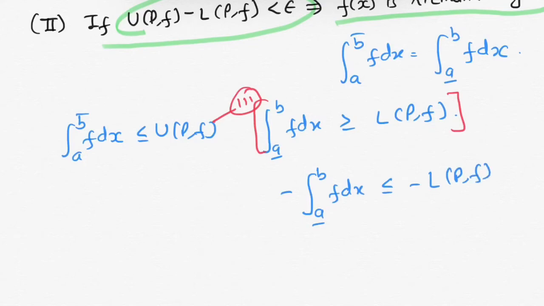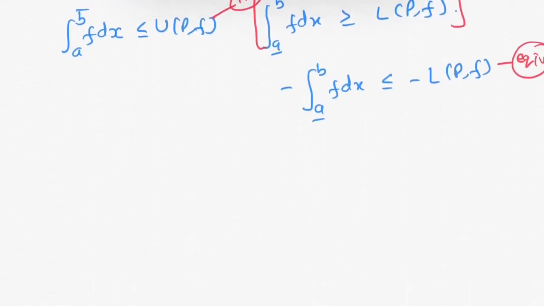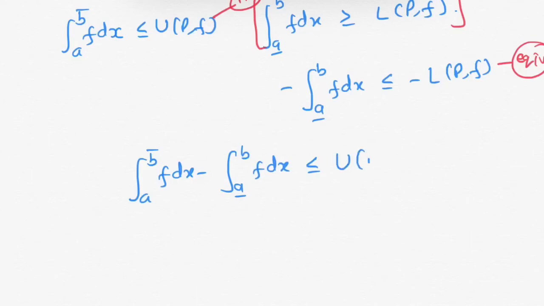Now suppose this is equation number 4. Now adding equation number 3 and equation number 4, we have upper Riemann integral minus lower Riemann integral less than or equal to U(P,f) minus L(P,f).